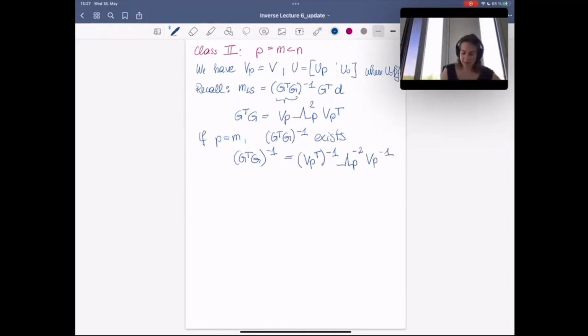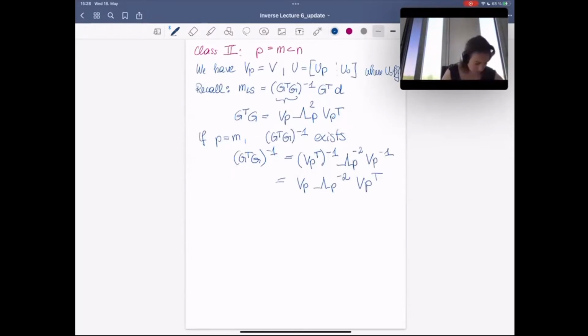And we can again use the concept of orthogonal matrices here, which means this reduces to Vp lambda p to the power of -2 Vp transpose. And now what we have just shown is that the general inverse operator is equivalent to the least squares solution when p equals m, and this is lower than n.